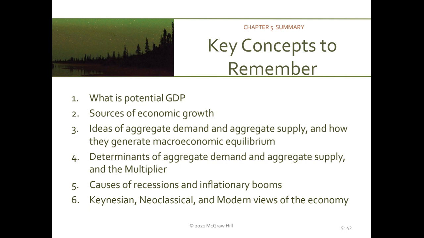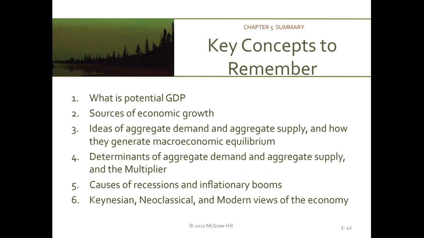So that's all as far as these topics are concerned. These are the topics that we discussed in these two sessions. What is potential GDP? That is basically GDP at full employment level of output. Sources of economic growth: labor, capital, natural resources, and technology, that is, increasing these factors of production or changes basically.